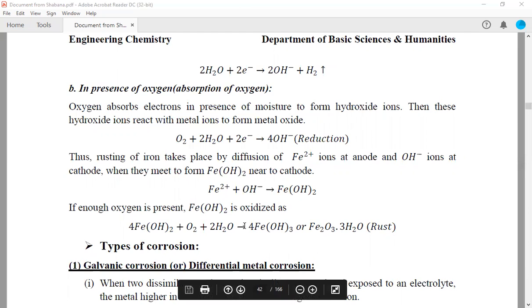That brown precipitate is due to the formation of ferric hydroxide, which may be represented like this. In that way, the rusting of iron takes place at the anodic and cathodic areas.